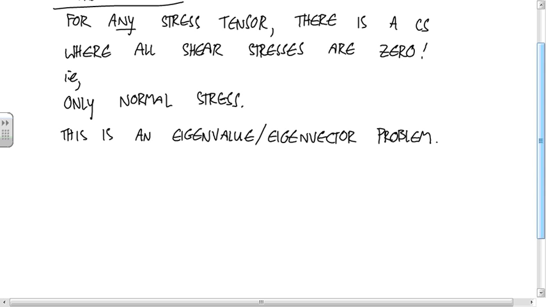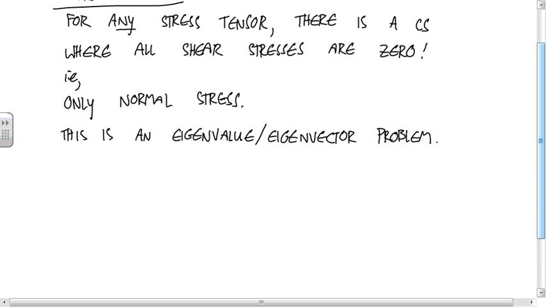And it's pretty easy if you think in terms of tractions to derive this eigenvalue problem. It makes good intuitive sense. If you're looking for a surface where there is only normal stress, then what's the traction on that surface?